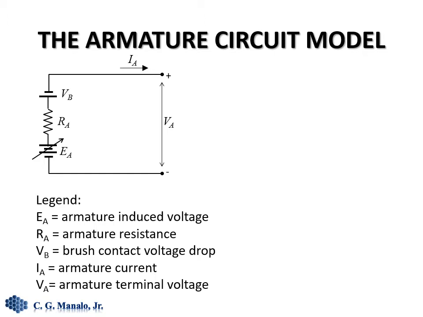So, for example, if the armature is wound as a simplex lap, the number of parallel paths there will be equal to the number of poles. If it is wound as simplex wave, it always has two parallel paths.